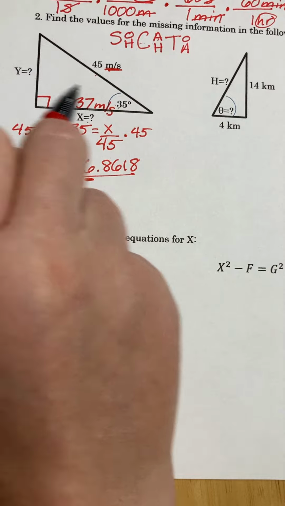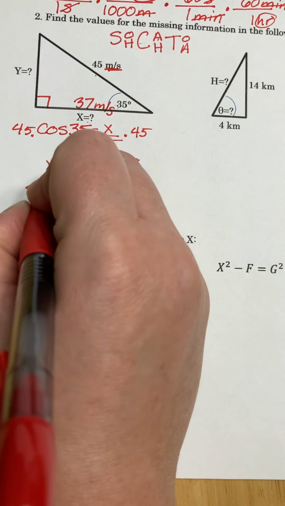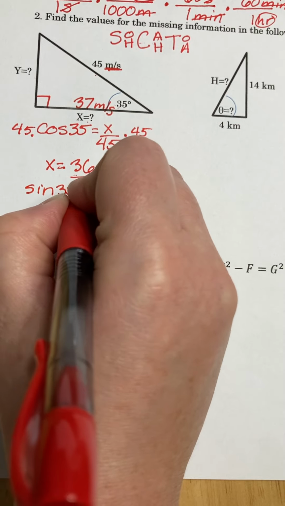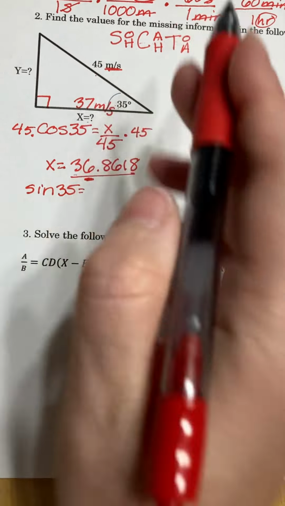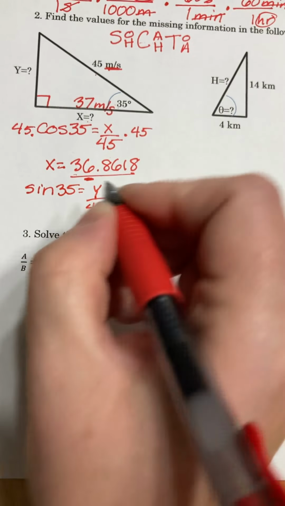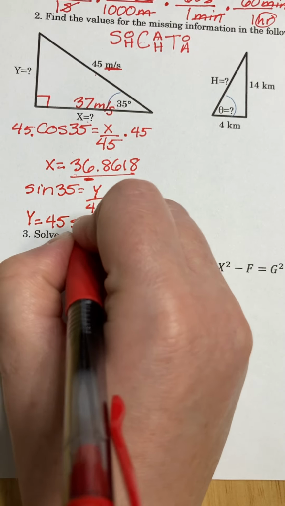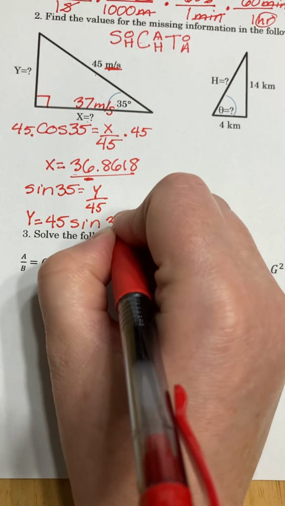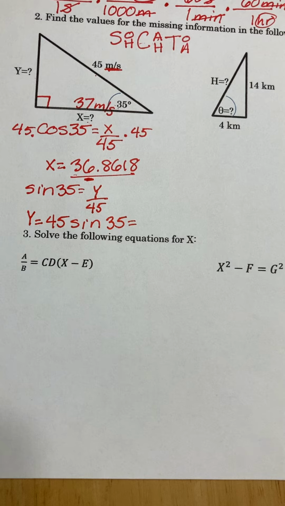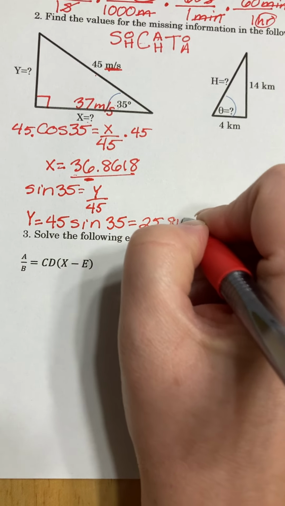Then we have to find the other one. This is the opposite one, so we're going to use sine. Sine 35 equals opposite over hypotenuse. Our opposite is y, hypotenuse is 45. So y equals 45 sine 35, and that comes out to 25.8109.